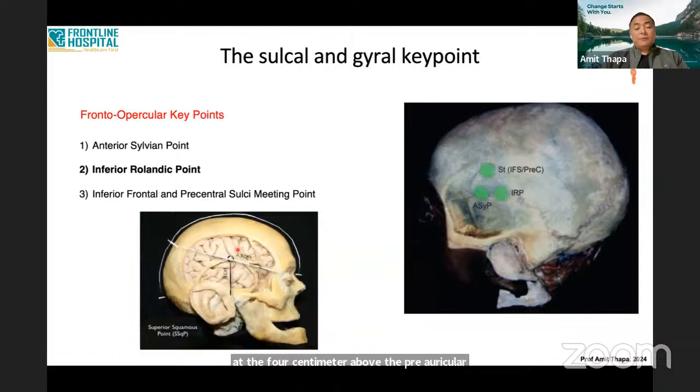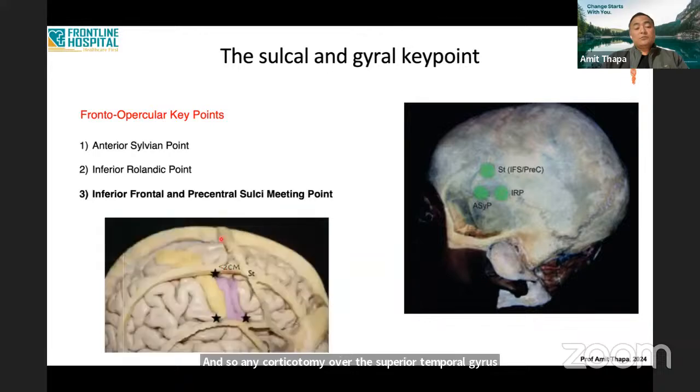This is a very important point to understand, because this is the area where the facial gyrus lies, and so any corticotomy over the superior temporal gyrus or the middle temporal gyrus can cause a problem in the patient.